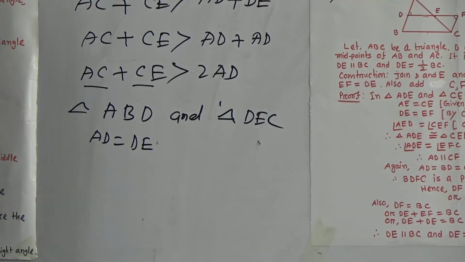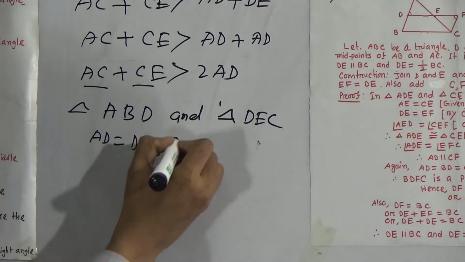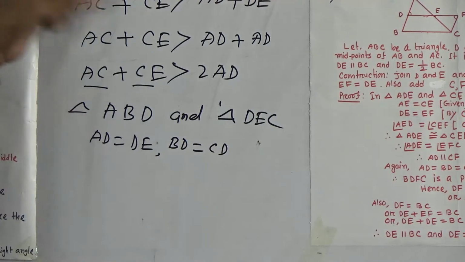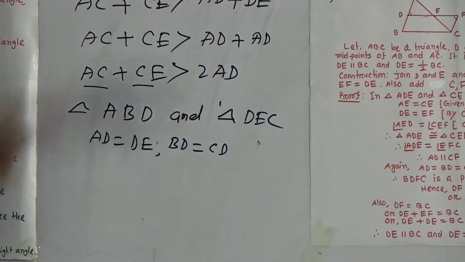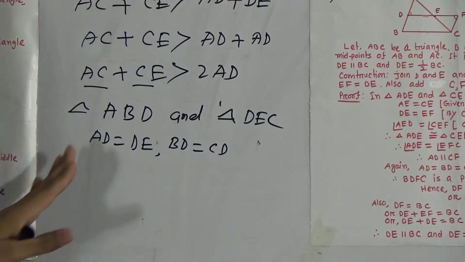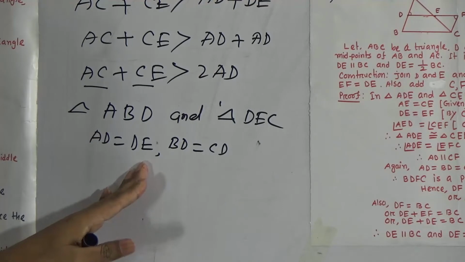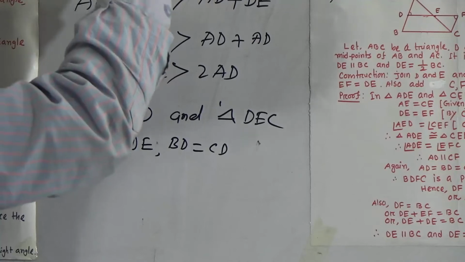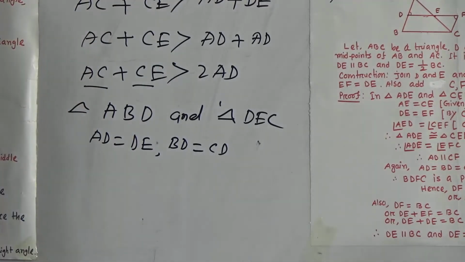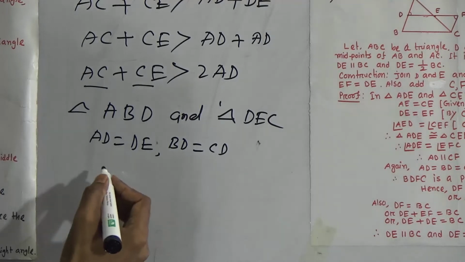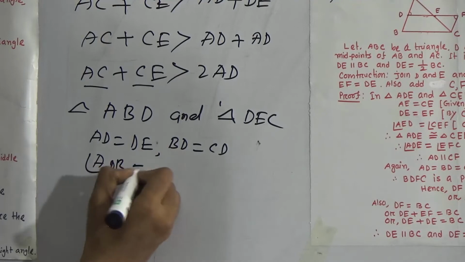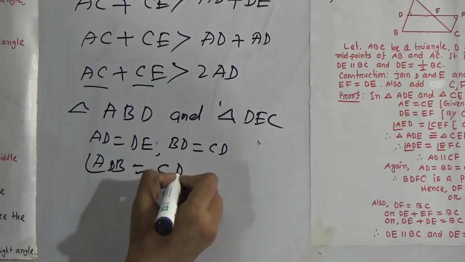Then BD equals CD, because D is the midpoint of BC. Therefore, AD equals DE, BD equals CD, and the included angles, this angle and this angle, are equal. That means angle ADB equals angle CDE.